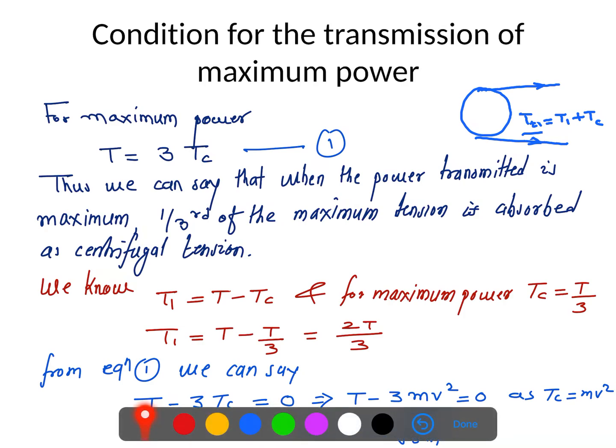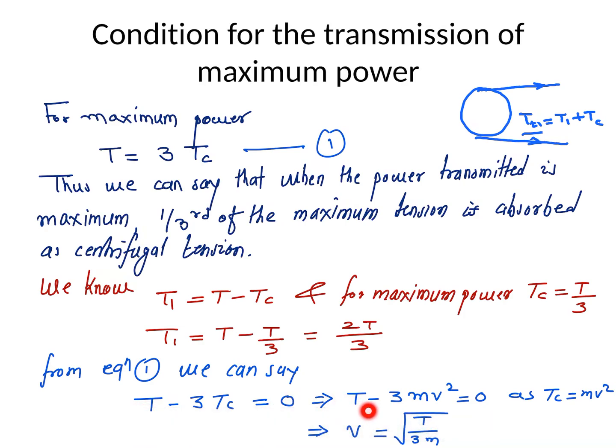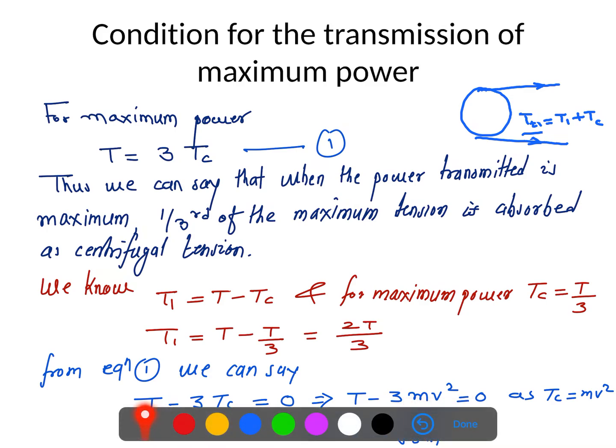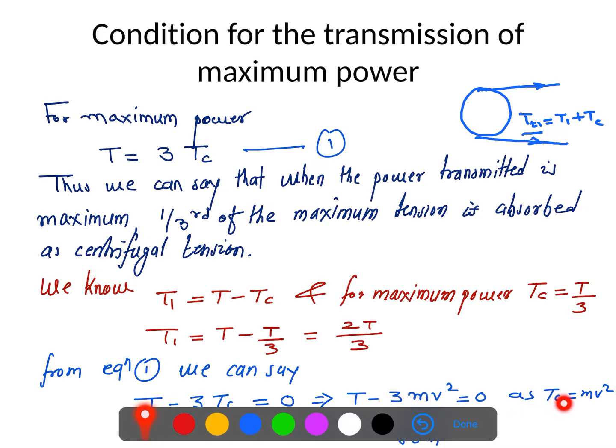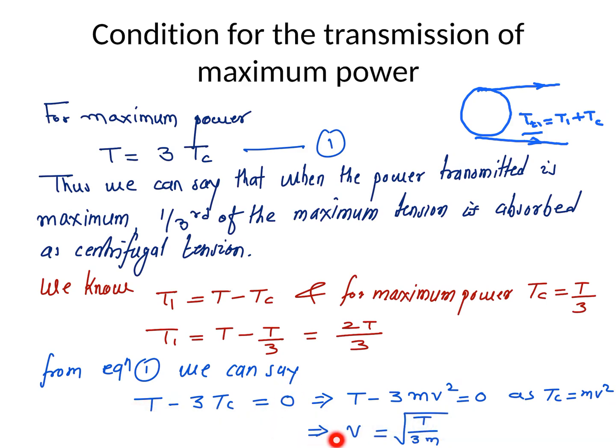And as we know, T minus 3 into m v square is equal to 0, because centrifugal tension Tc is equal to m v square. From this, the velocity of the belt for the maximum power transmitted is V is equal to under root T by 3m.